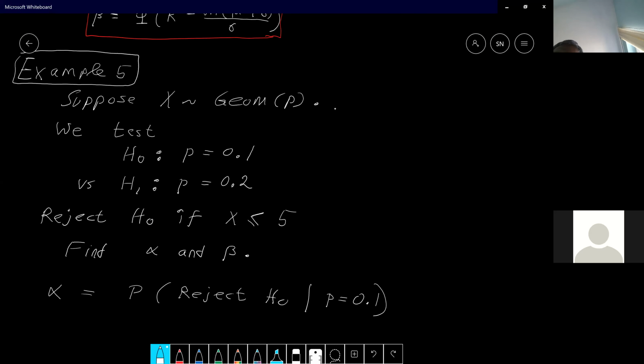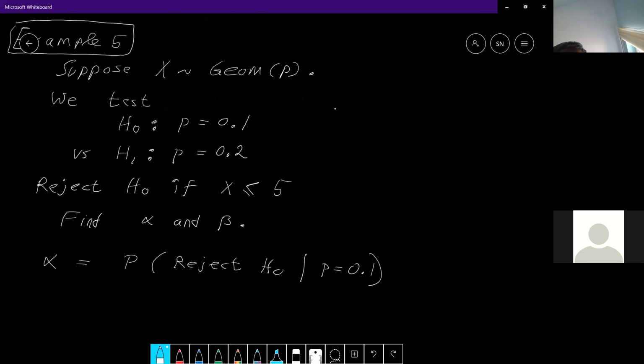So this is the same as the probability of X being less than or equal to 5 when P is 0.1.